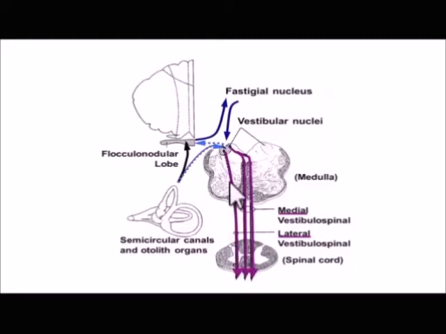And it is through these tracts that position and movement of the neck as well as movements of the eye are adjusted and readjusted according to the need, so that balance and equilibrium is maintained between the head and the body and in relation to the surroundings and the space.